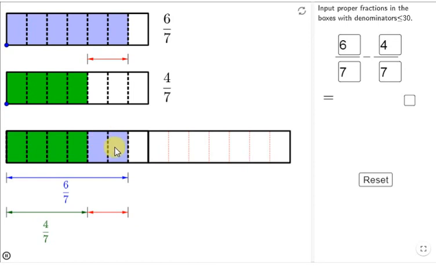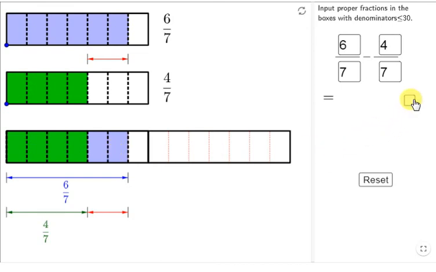How will you write this part? This part is 2 parts, and each part is 1/7, because we have divided the whole into 1, 2, 3, 4, 5, 6, 7 equal parts, and we have 2 parts which are shaded.